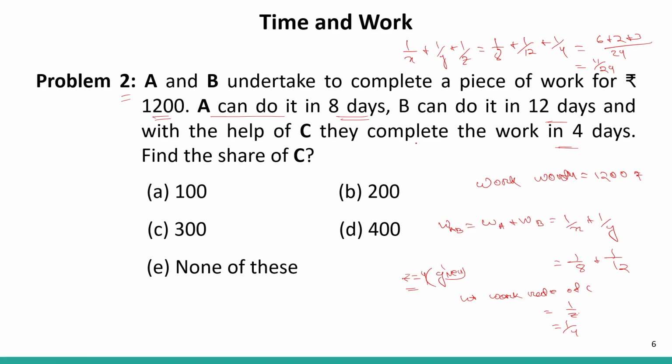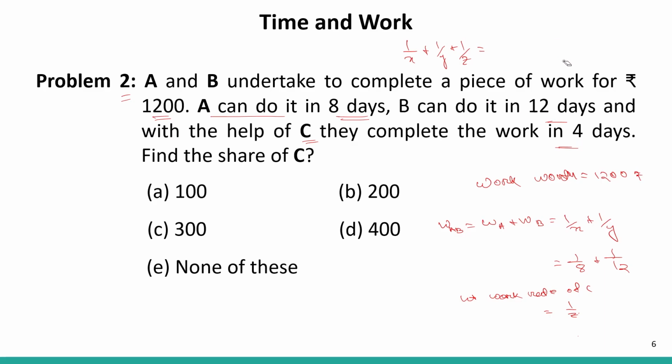Now, it is given to us that 1 by x plus 1 by y plus 1 by z is equal to 1 by 4. This is what we are given. What we can evaluate from here is 1 by z. It is given that if C helps A and B, then they can complete it in 4 days.